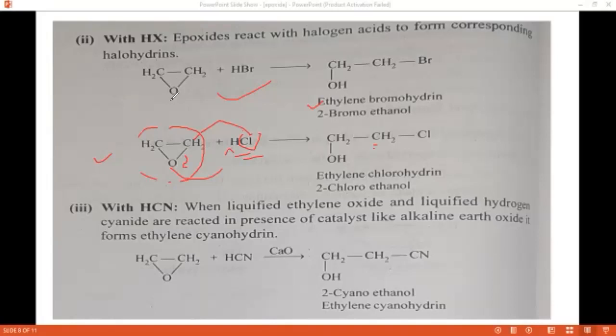Now what is the name of this compound? Ethylene chlorohydrin, or 2-chloroethanol.